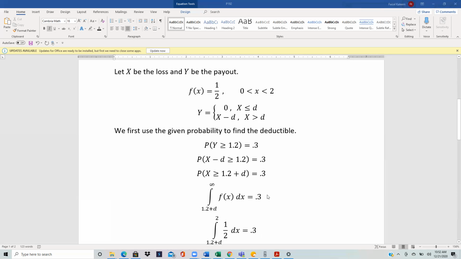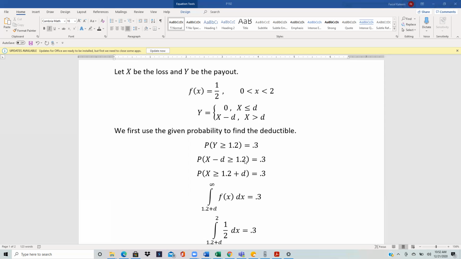So we're interested in y greater than or equal to 1.2. That's the probability that the payout is at least 1.2, and we're given that it's equal to 0.3. Now y, from the bottom definition, is x minus d. So x minus d is greater than or equal to 1.2.